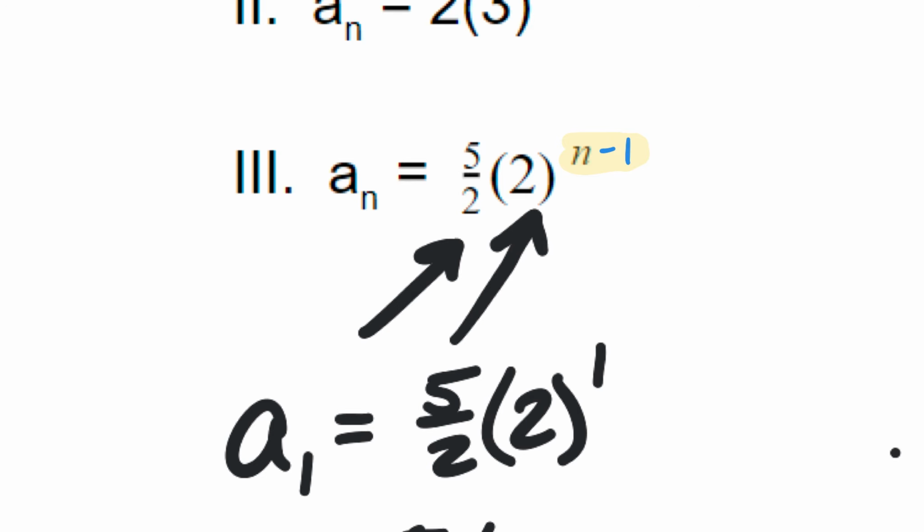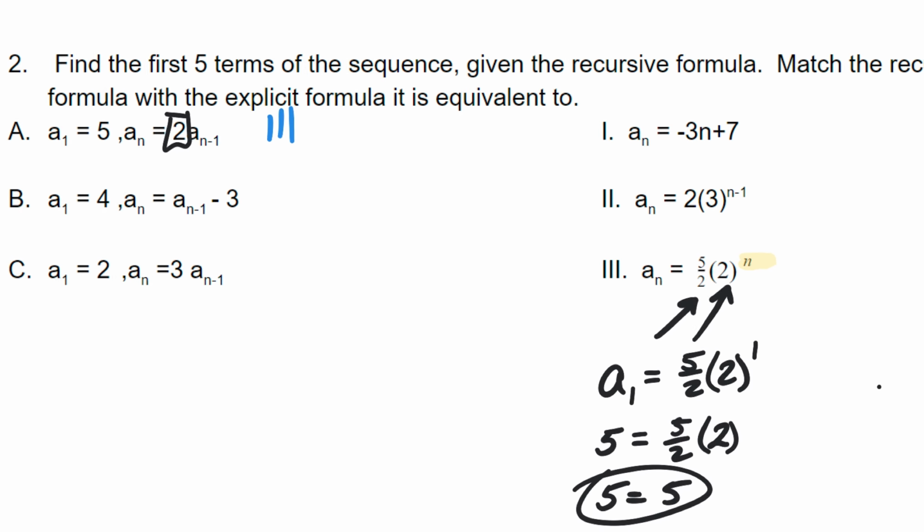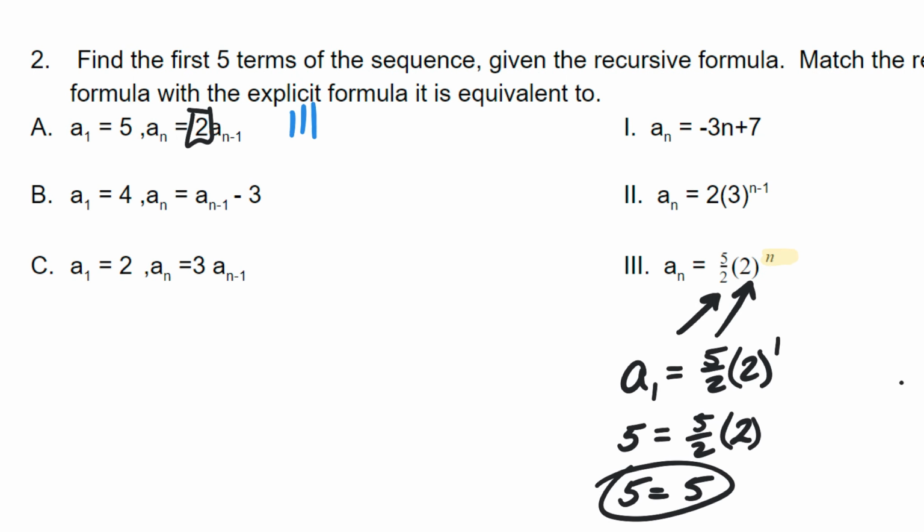So this one is not starting at the first term in the sequence. It's starting at the 0th term, the one before the first, which I understand there's no such word, but hopefully you understand my meaning. So what we essentially have to do to understand this equation is to back up a step. And since this step is doubling, backing up a step would be taking half. And half of 5 is in fact 5/2. So that's why that one looks the way it does.